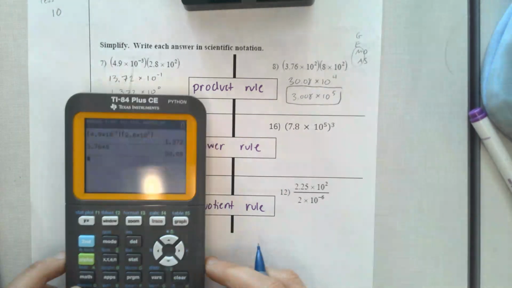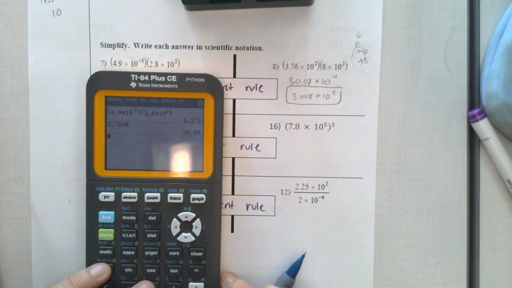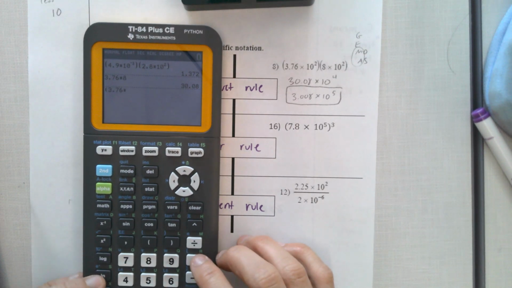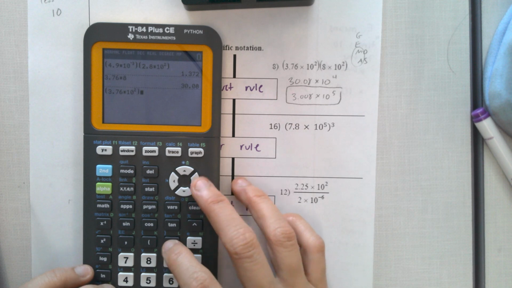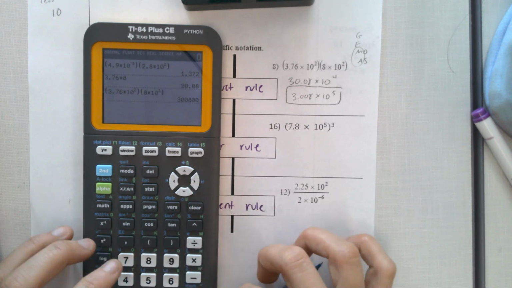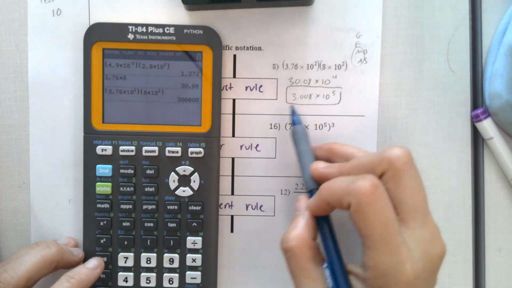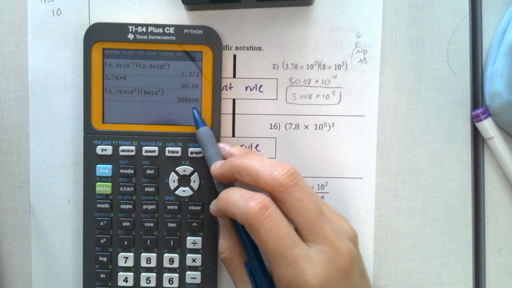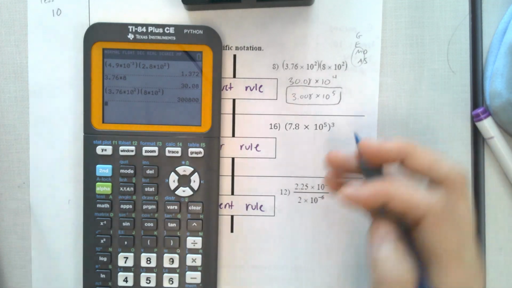And let's do it in our calculator. 3.72 times 10 squared, close parentheses, 8 times 10 squared, and we get, so this one isn't given to us in scientific notation, so we have to move it over, right? 1, 2, 3, 4, 5.